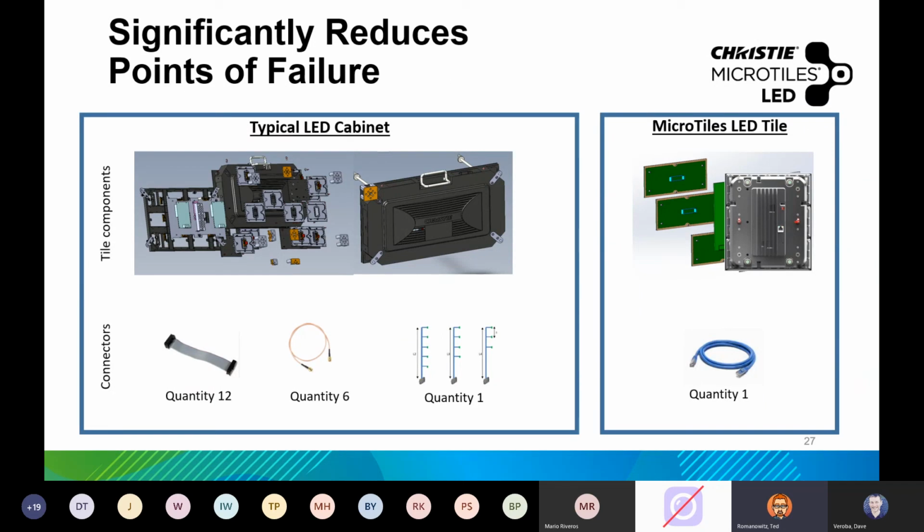So the chassis is a metal piece, cast aluminum, and only has a single circuit board inside that's covered. That's what we call our TOBE, or tile on board electronics. It has 3 quick connectors that allow the module boards to connect, the 3 module boards.